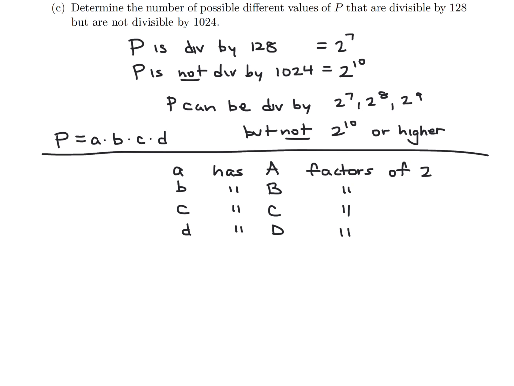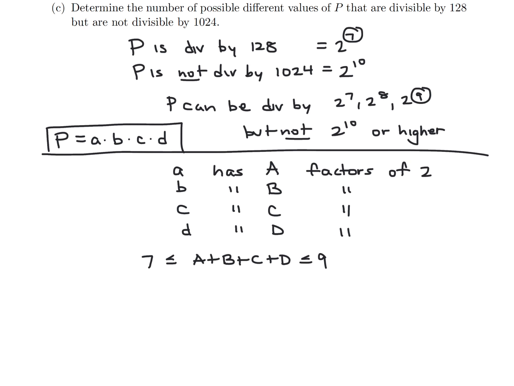Now, when you multiply them together, the factors would be exponents, and they would add. So that means A plus B plus C plus D has got to be less than 10, and it's got to be at least 7, because it has to be divisible by 2 to the power 7.